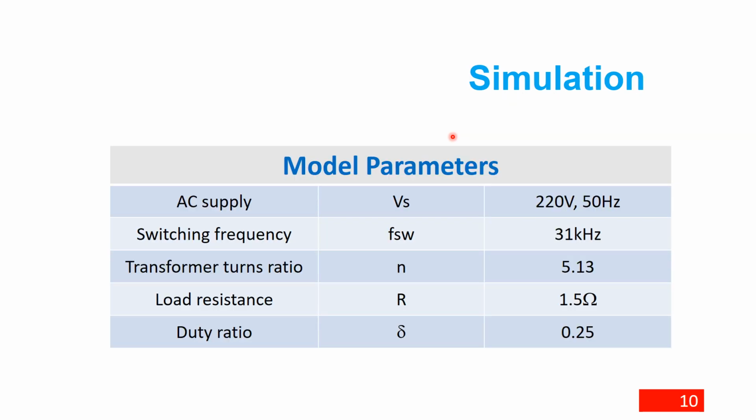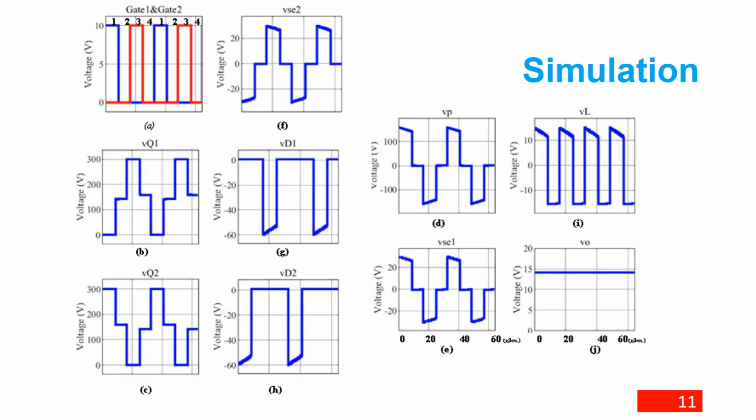Simulation. The parameters given in this table have been selected to simulate the converter. The various voltage waveforms resulting from the simulation model are identical to their analytical representations obtained in the theoretical analysis stage.